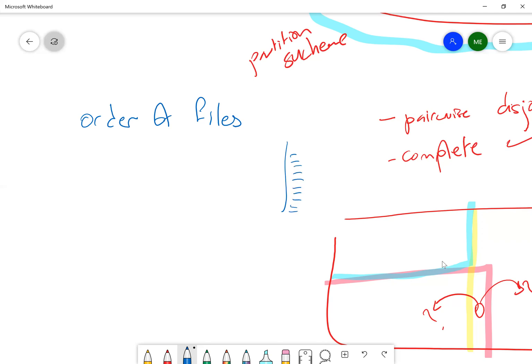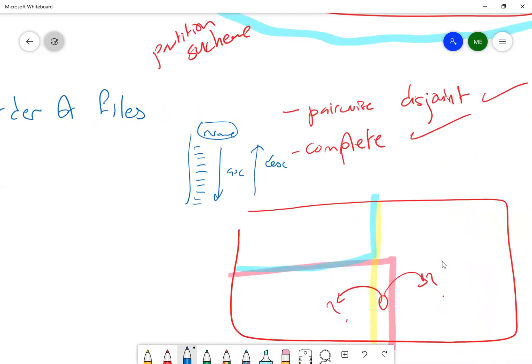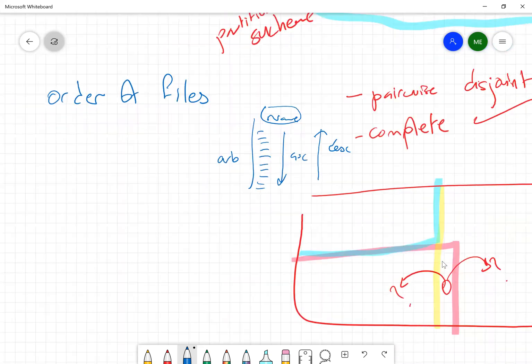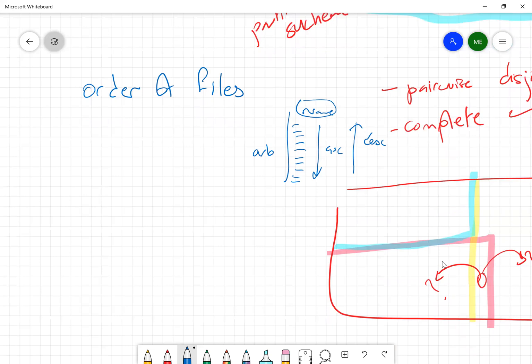Then you can click, say, on the name at the top, and it can be ascending. Click on it again, it'll be descending. Or it could be some sort of a third aspect, maybe an arbitrary order, I mean no order per se.